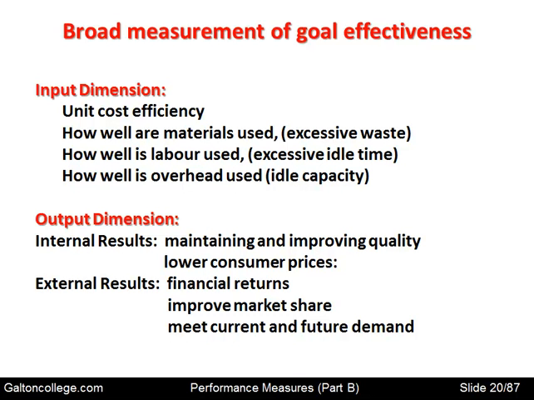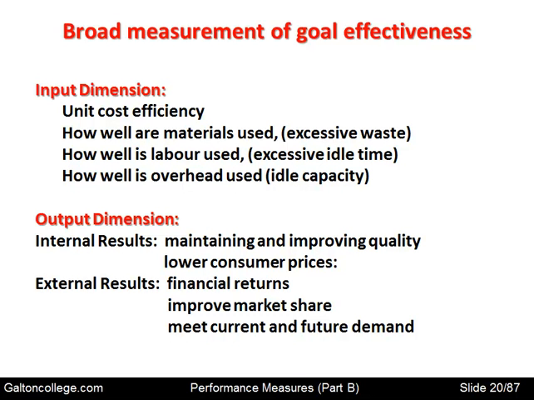So we can envisage it as internal, looking at improved quality and lower consumer prices, and external, looking at the forces outside the business that are pushing the business in various ways. The external competitive environment, looking at how it meets the requirements of government in terms of employment, training, health and safety for the workers.